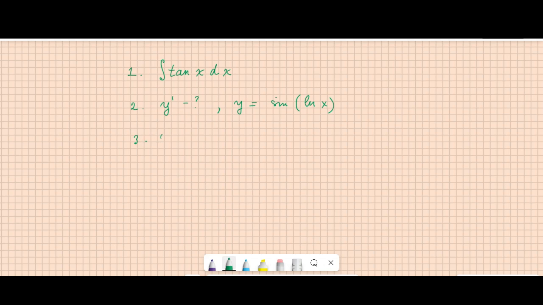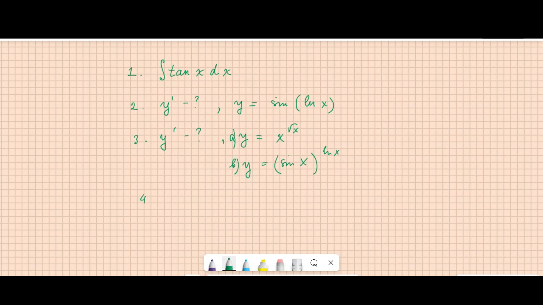Number 3: find y prime if y equals x to the power of square root of x, and another, y equals sine of x to the power of ln of x. A little bit more complicated. Let's label them as A and B.